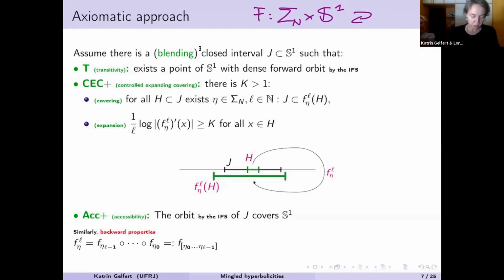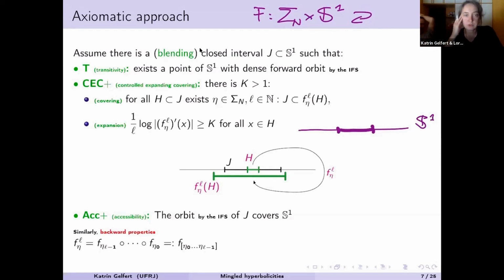We assume the following properties to be satisfied. In many works of Lorenzo there is somewhere a blender going on. Here it's just a blending interval: on the circle there is somewhere a blending interval J, a non-trivial closed interval, and you assume the following properties to be satisfied.